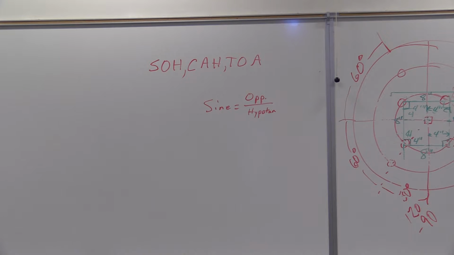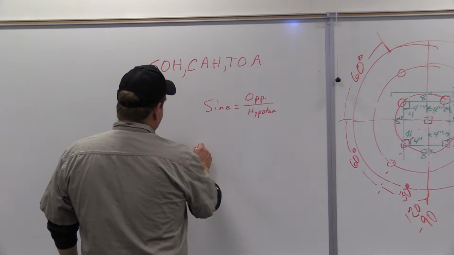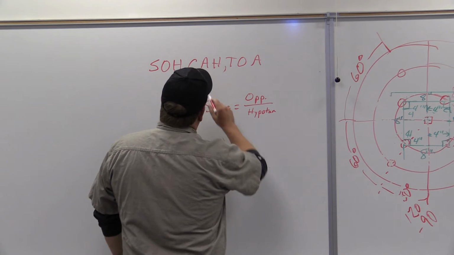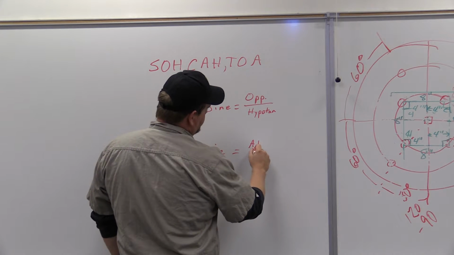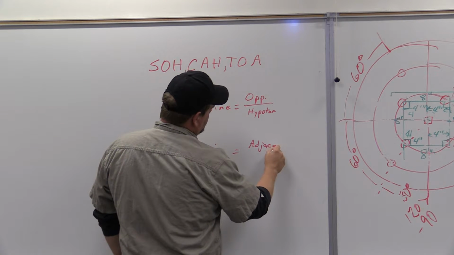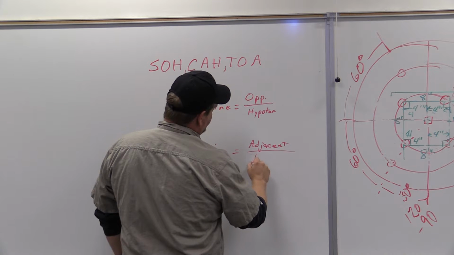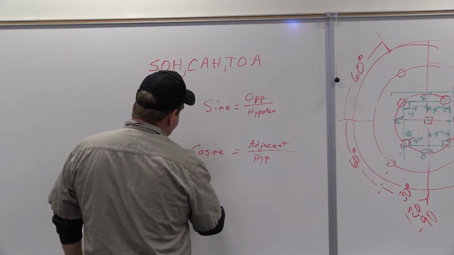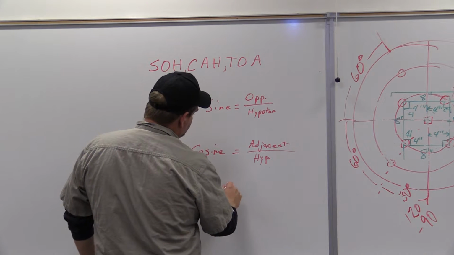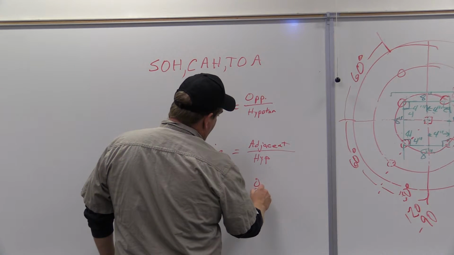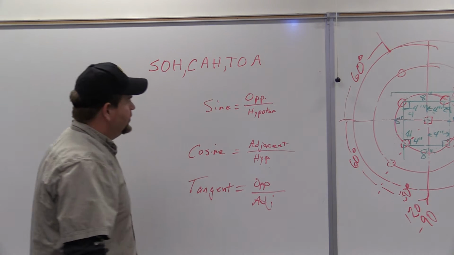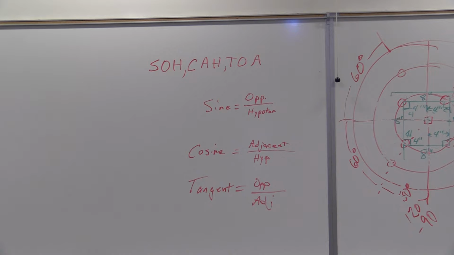Cosine is adjacent over hypotenuse. Tangent is equal to opposite over adjacent. Okay?